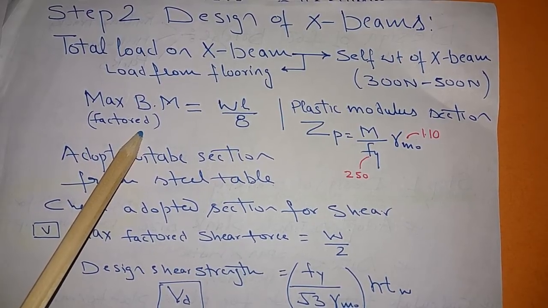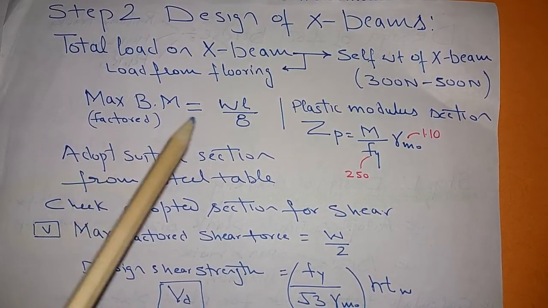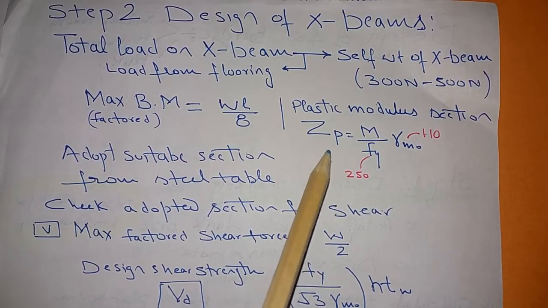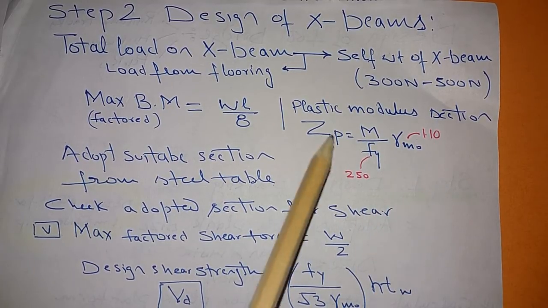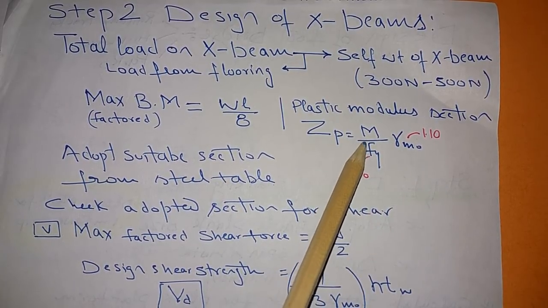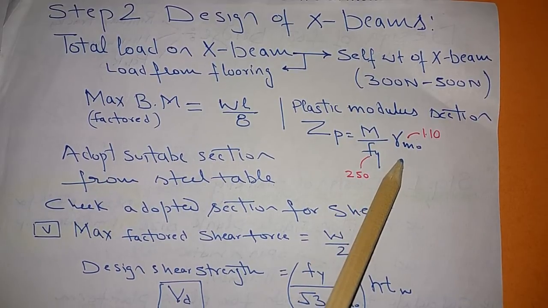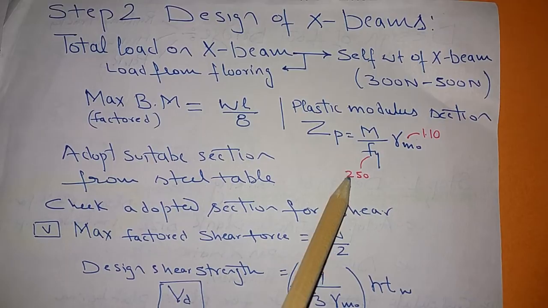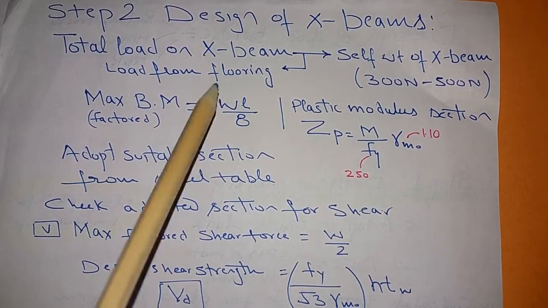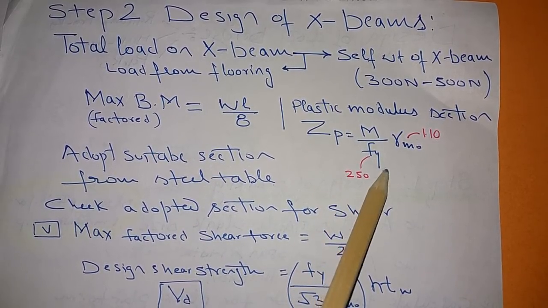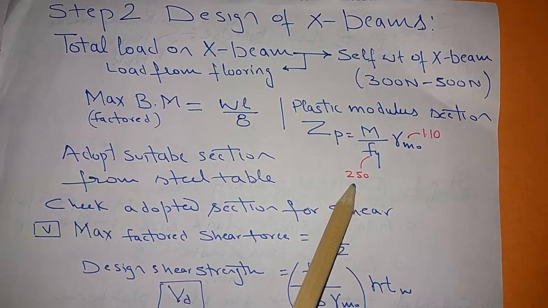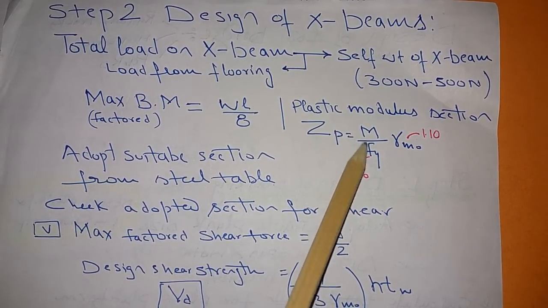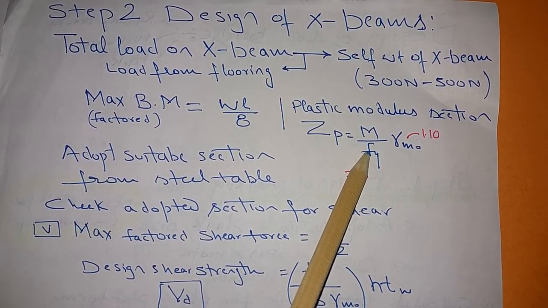According to this bending moment, which is factored by multiplying by 1.5, you have to calculate the plastic section modulus. So plastic section modulus will be moment upon Fy by gamma m. Gamma m is 1.1, and Fy will be given in your problem, or you can decide your steel type. Let's say this is 250.